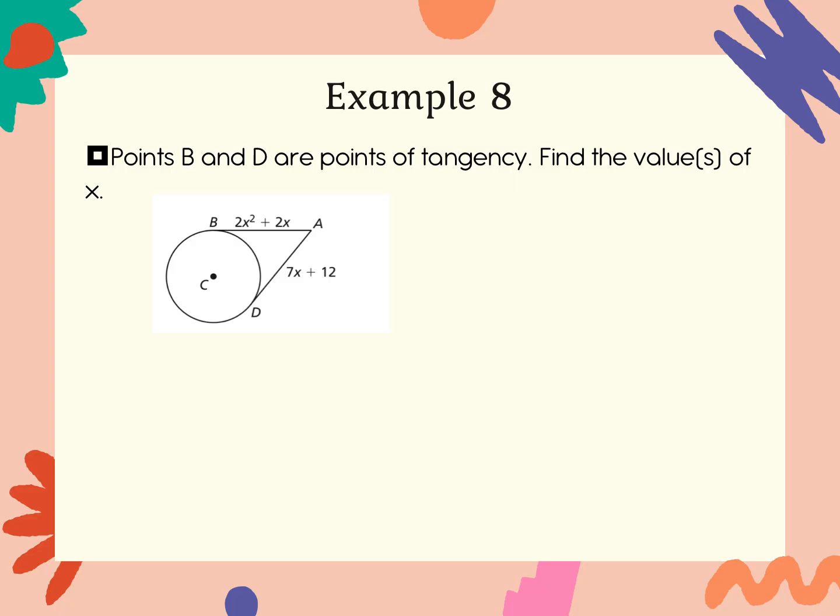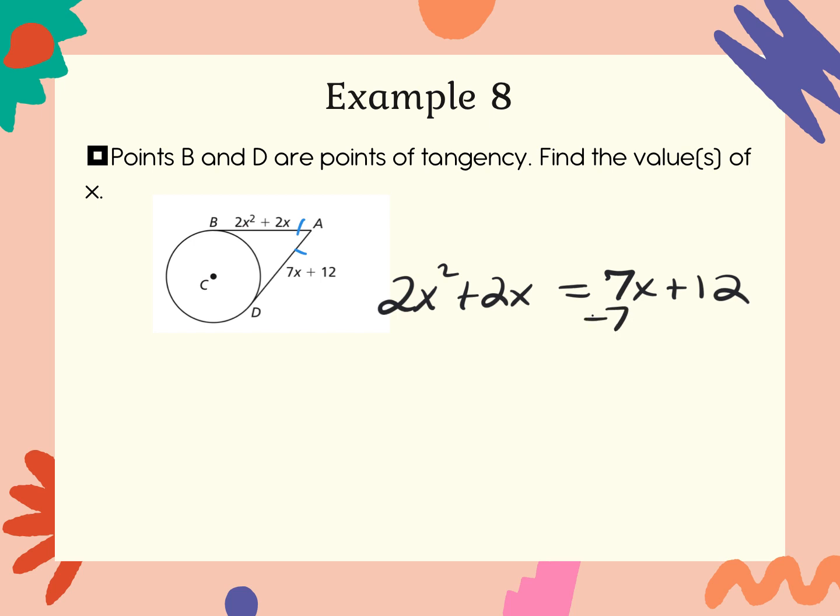So for the last example, again, these two tangent segments are congruent. So we would set this equal to each other. So we're going to set 2x squared plus 2x equal to 7x plus 12. So I need to go ahead and set this equal to 0.